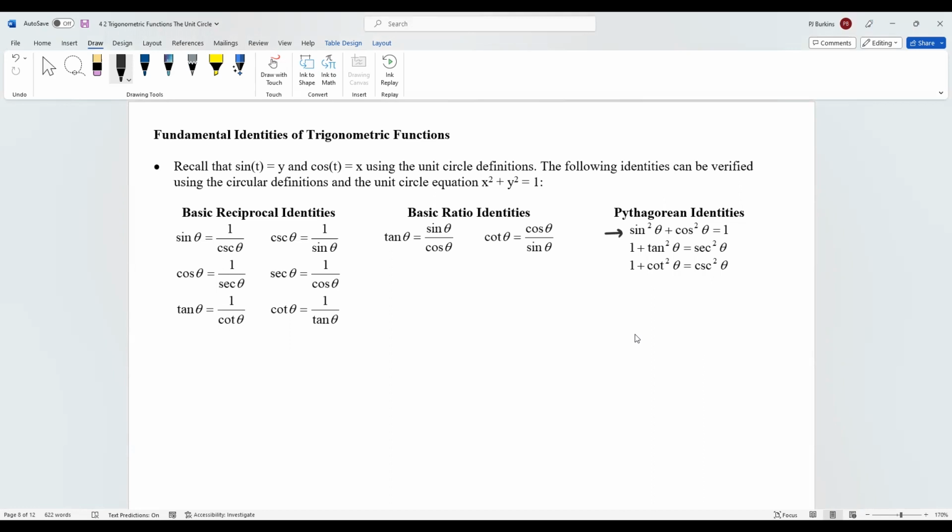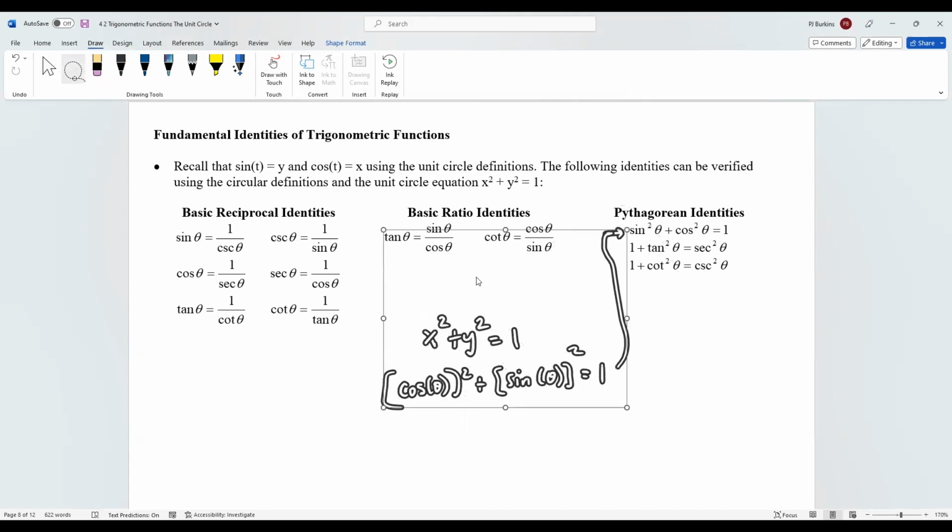So remember that the unit circle's equation was x squared plus y squared equals 1. And remember that we said that x was equal to cosine of the angle, and y was equal to the sine of the angle. And so if we square those out, we get the Pythagorean identity. All right.